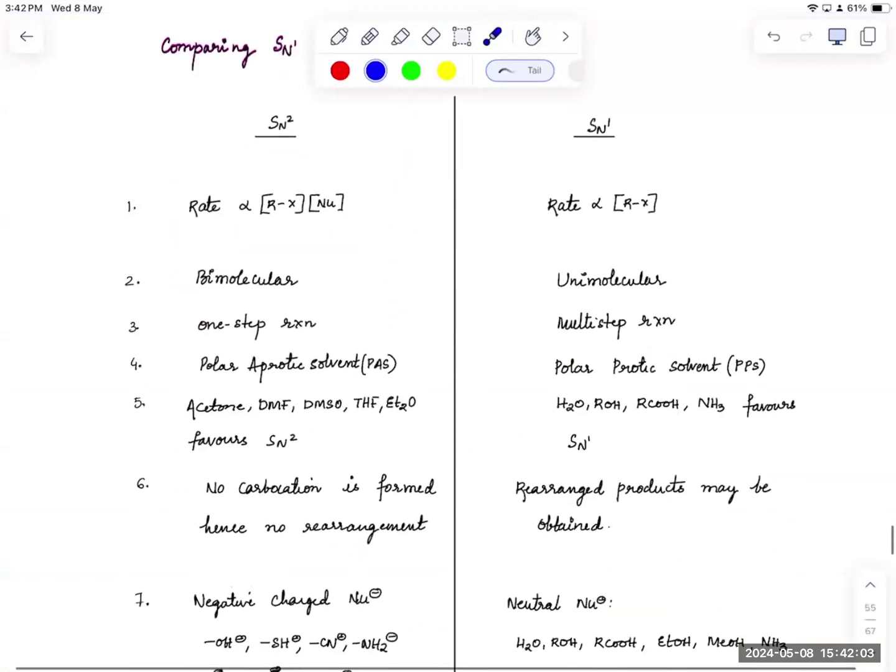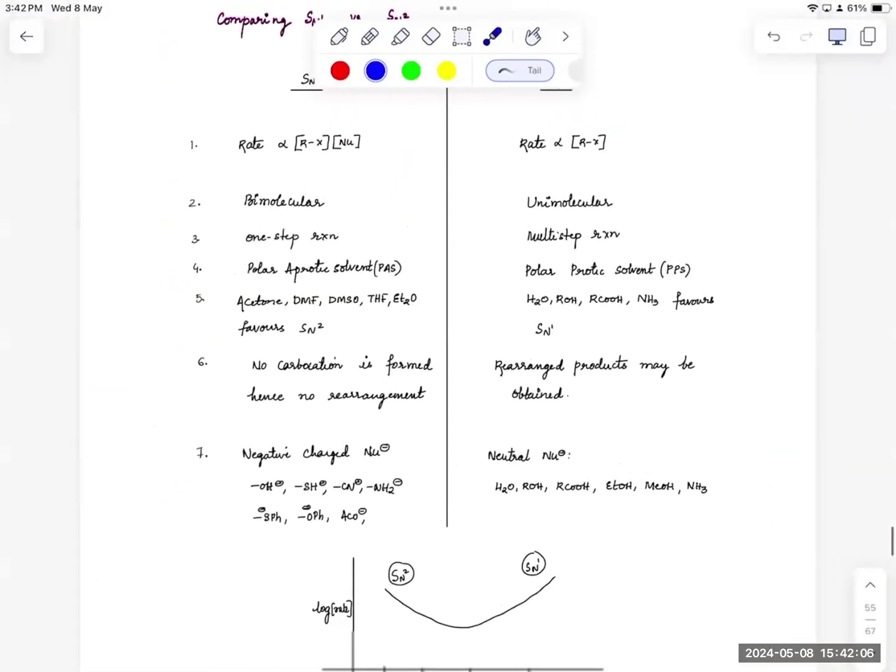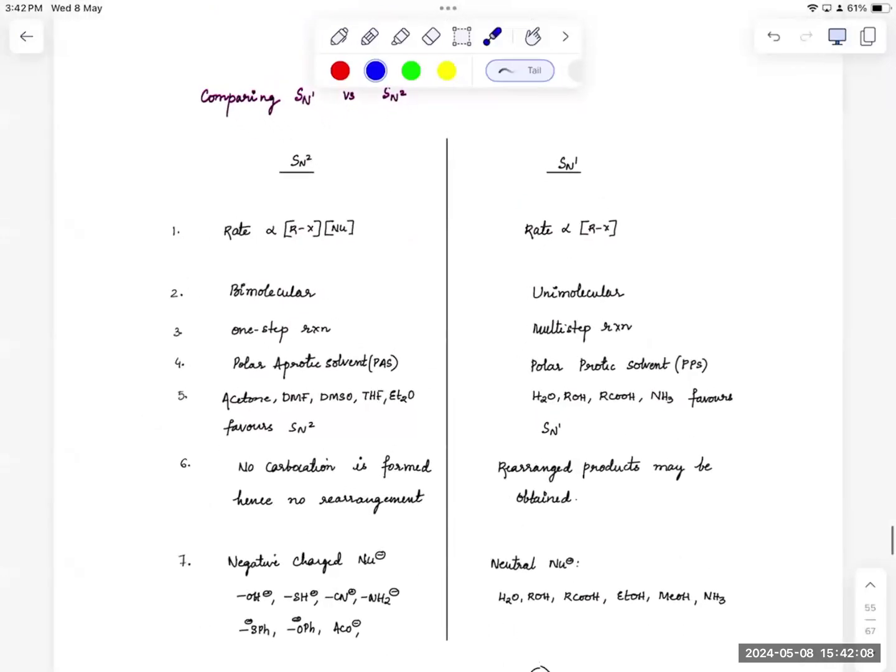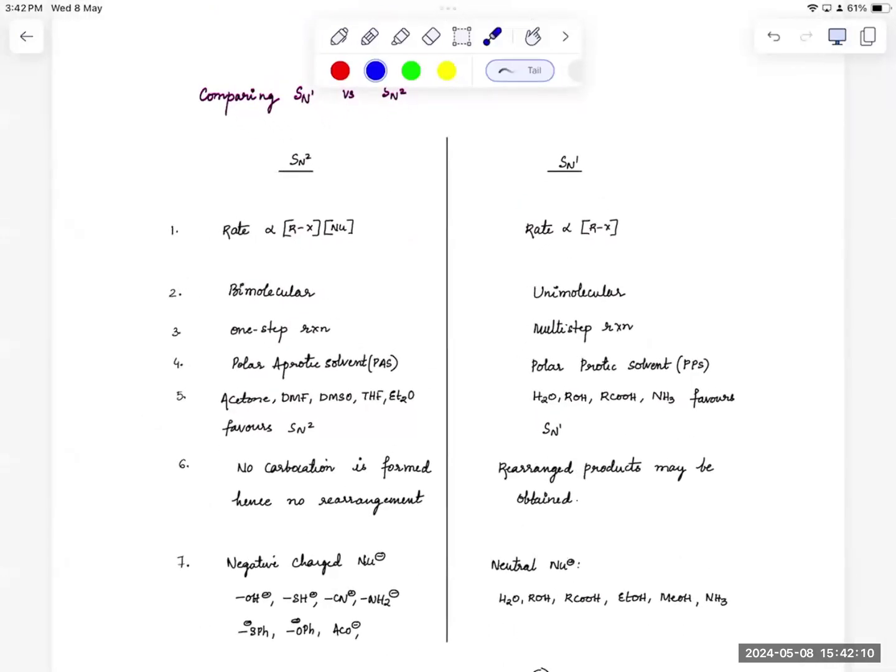Okay. So quickly go through the differences between SN1 and SN2, everybody. Just read it out. What is SN1? What is SN2?